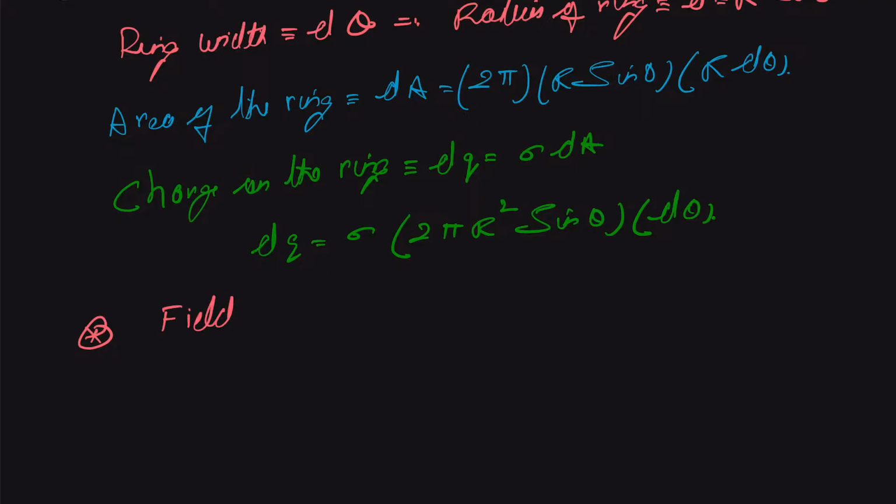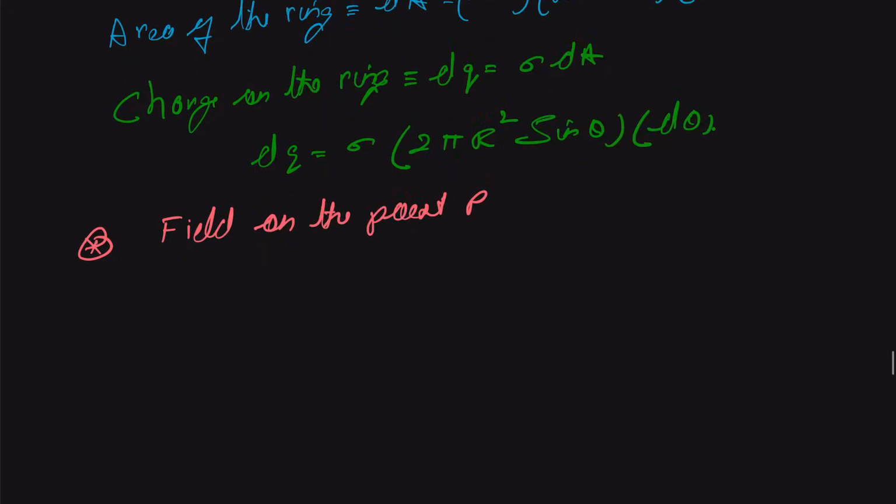That cosine law gives us script r equal to the square root of r square plus z square minus 2rz cos of theta.